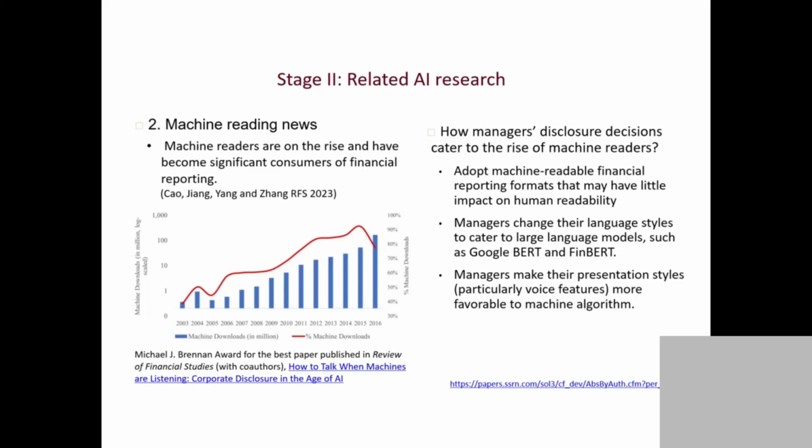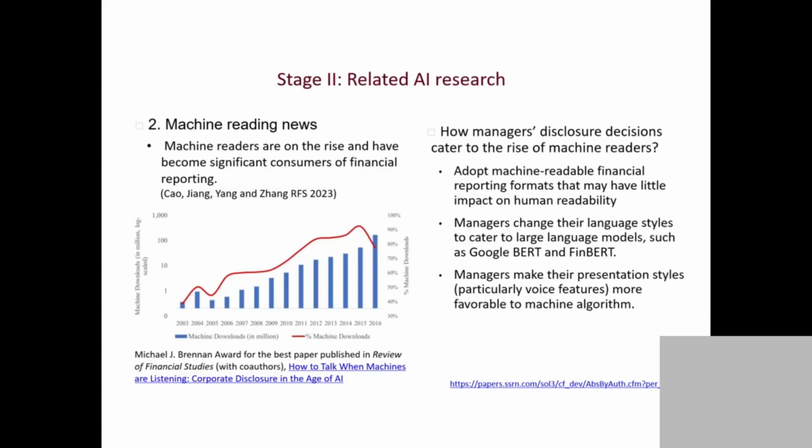The consumption of financial news has changed. 20 years ago, humans read all these 10Ks and got the information. Now, machines automatically understand the 10K and trade on it. That's what we showed from the figure. The consumption of financial information has changed.